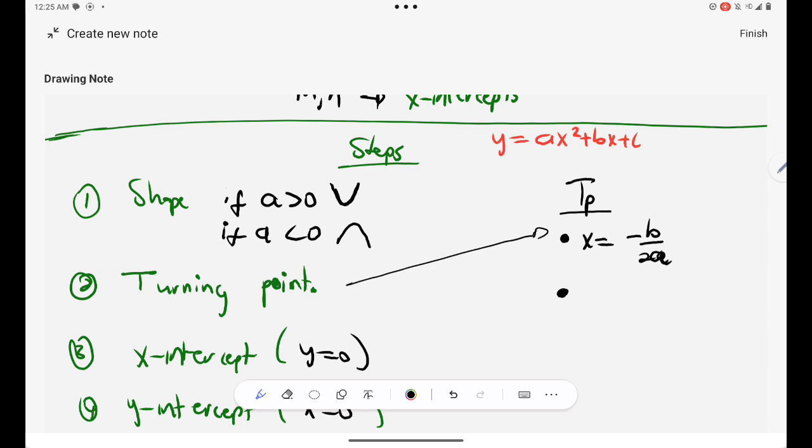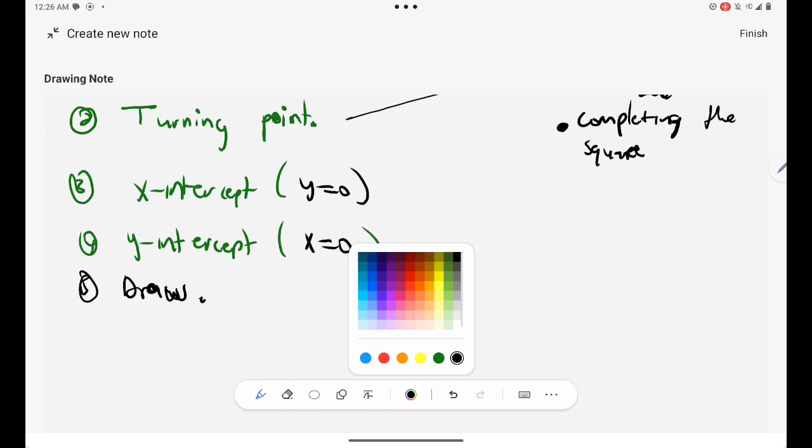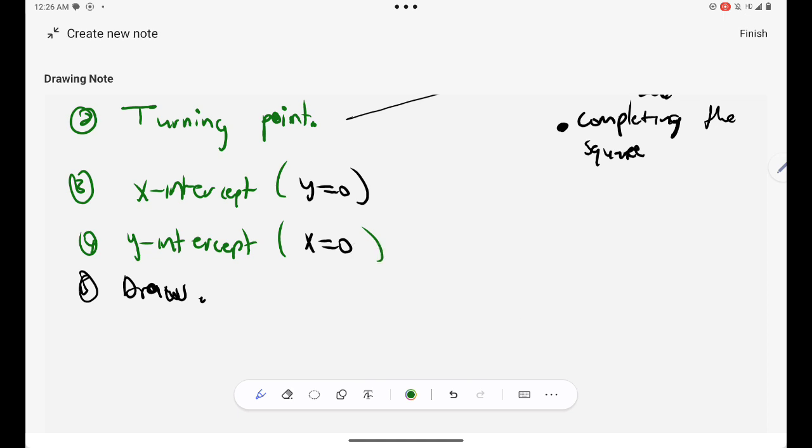Another way you can find the turning point is by completing the square, né? When you complete your square, your end result should look like this: y is a(x minus p) squared plus q. Your end result should look like that.